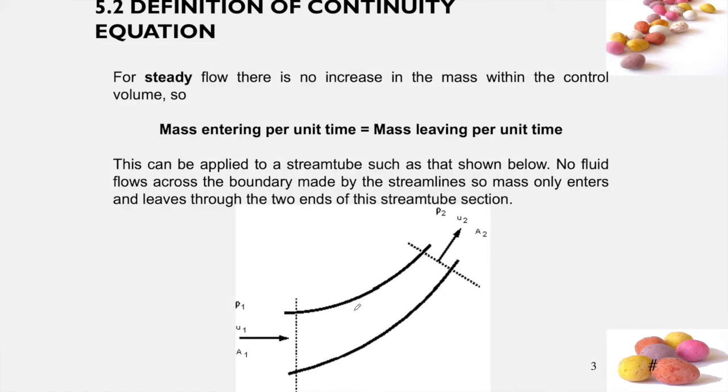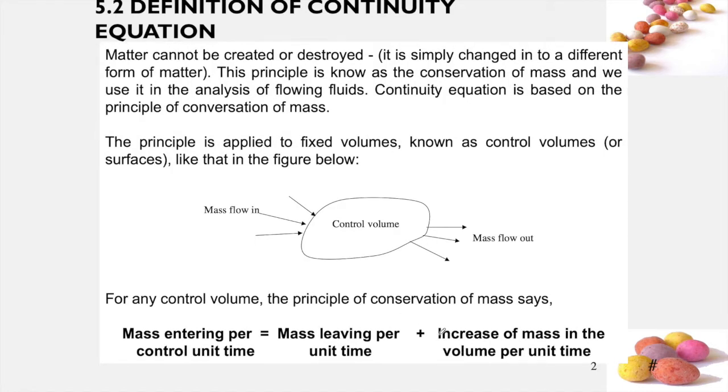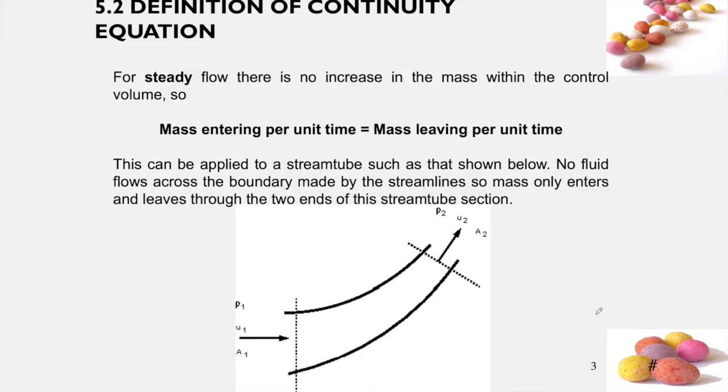But here, for a steady flow, there is no increase in the mass within the control volume. From this equation, if we have a steady flow system, the increase of mass in the volume will be 0. So there is no accumulation of mass in your system.